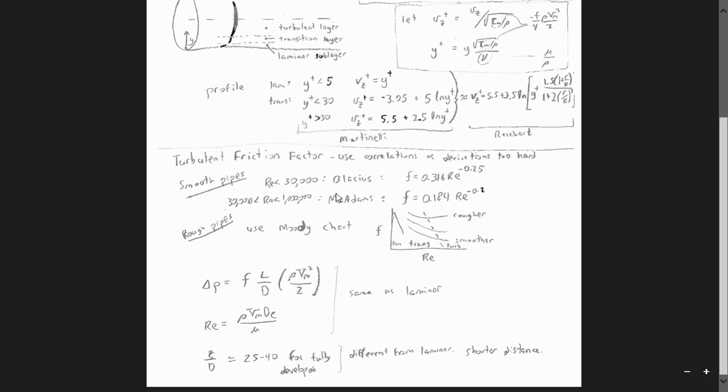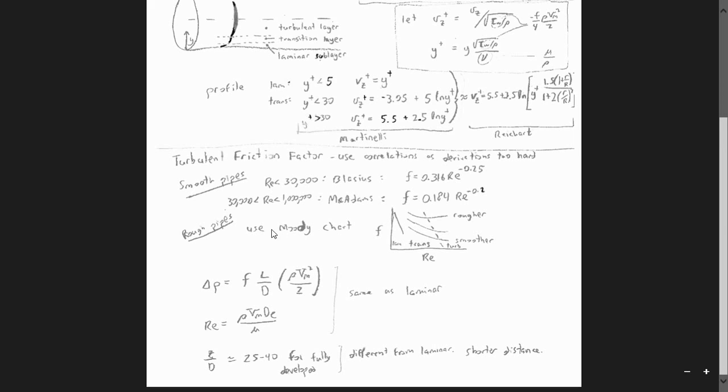We use Blasius and McAdams. If we have rough pipes, which is not an analogy that's useful for a nuclear reactor core, because the coolant that's flowing up along the fuel pins is flowing on smooth surfaces.